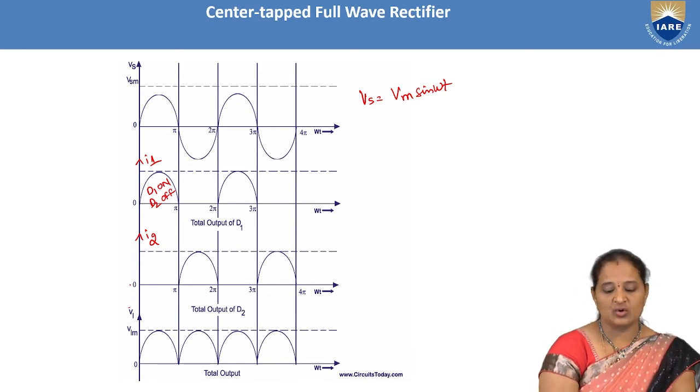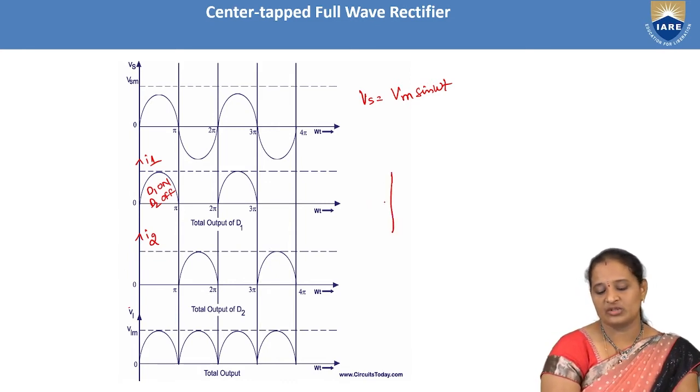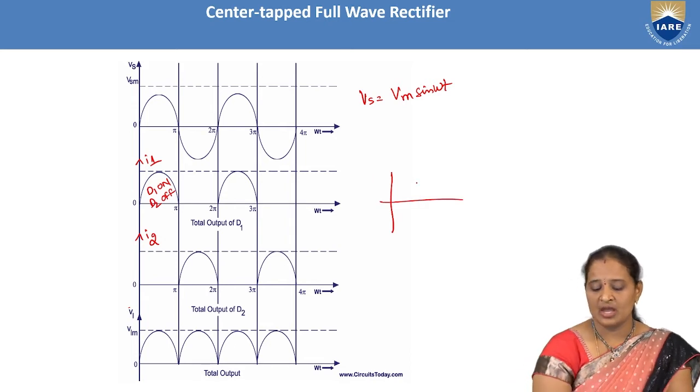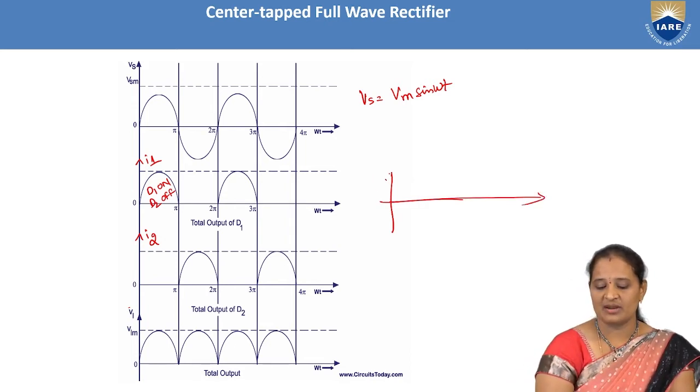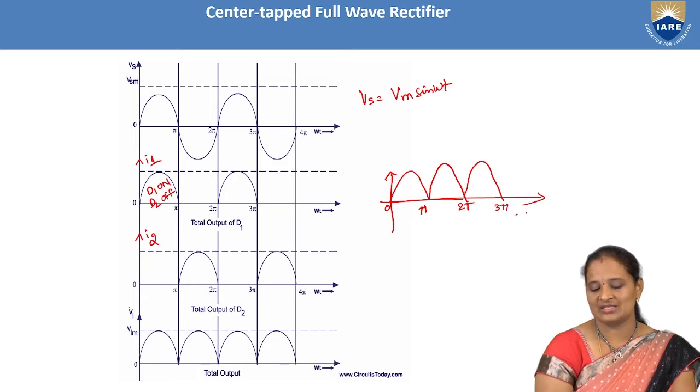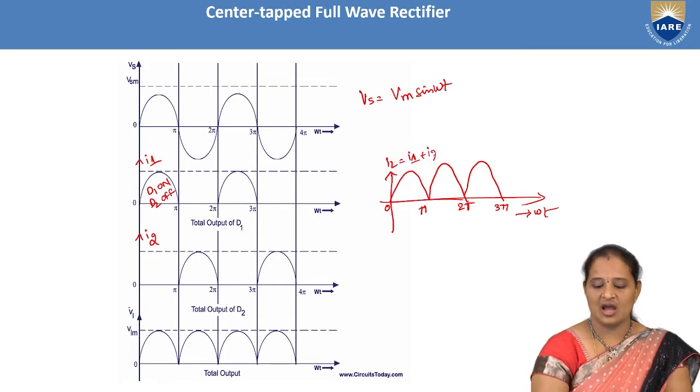Now the total current IL, which I have not shown here, is equal to I1 plus I2, which will have all positive half cycles. So this is 0 to pi, 2 pi, 3 pi and so on, with omega t on the x-axis, and this is IL, which is equal to I1 plus I2.